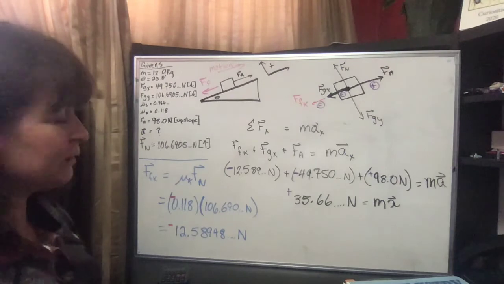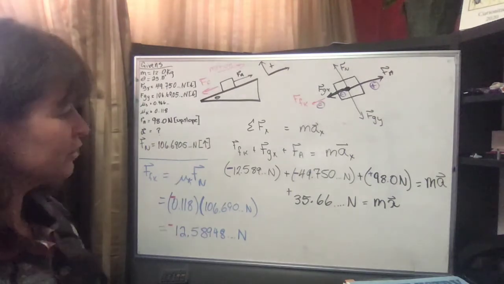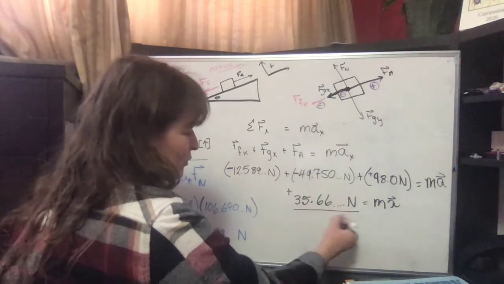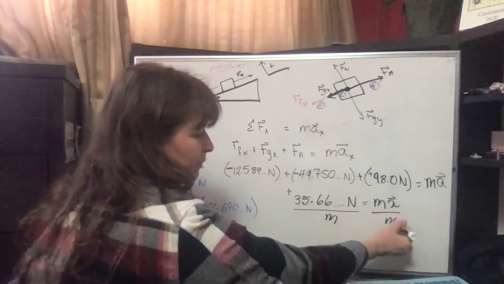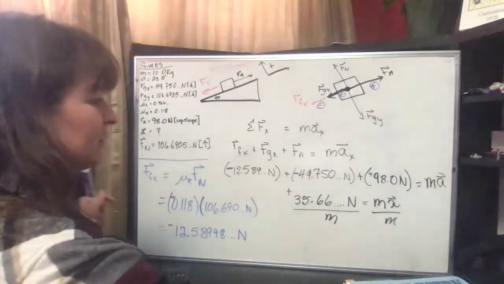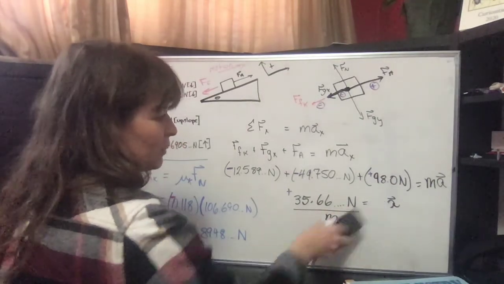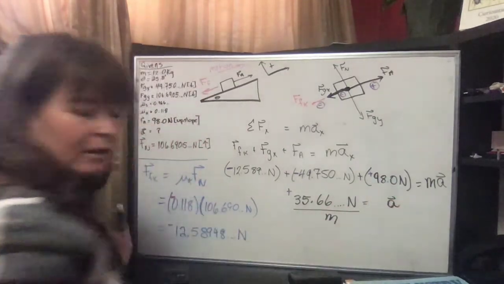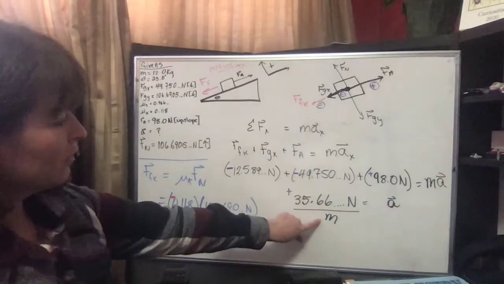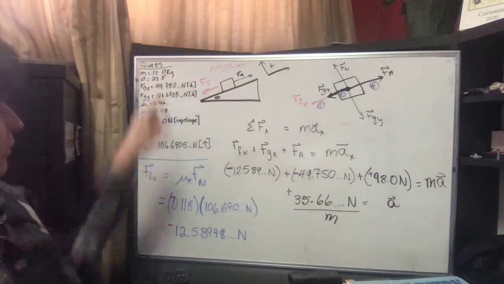Now my next step would simply be to isolate for acceleration by dividing both sides by mass. And the joy of the whiteboard is that means these can cancel out and leave us with acceleration like that. The mass of the object is 12 kilograms.